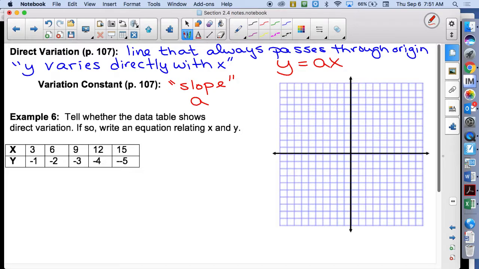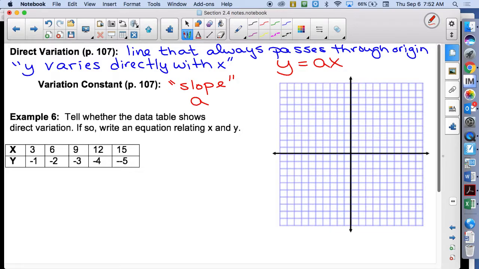So underneath here, it says tell whether the data table shows a direct variation. If so, write an equation relating x and y. And you have a list of data for x and y. Since there's a little graph given, what do you think you could do to help you find out if this is a direct variation? If we have a set of points. Julian? Plot them on the graph.